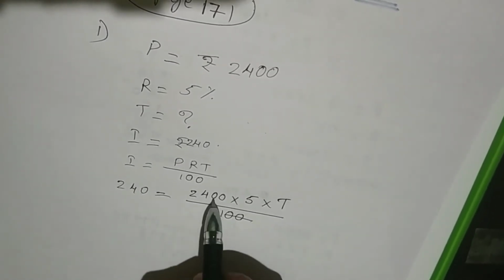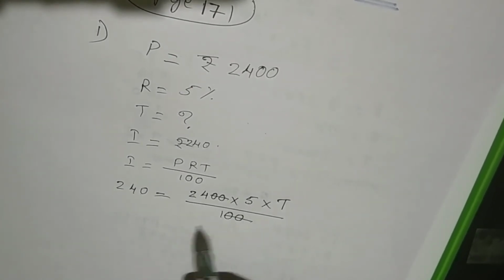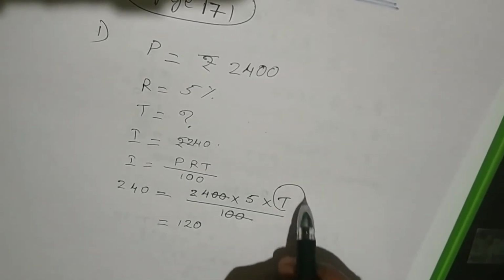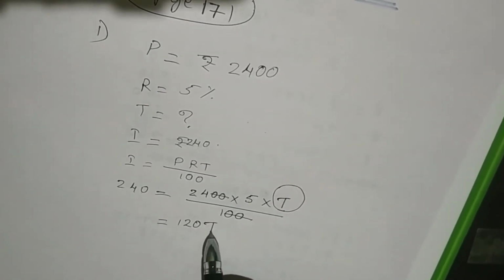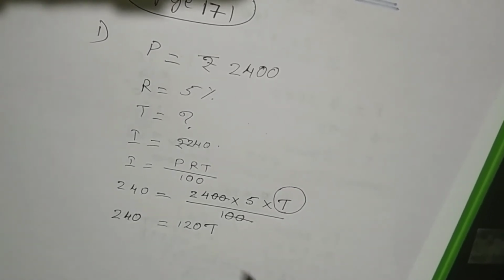These two zeros and these two zeros cancel. 24 times 5, that is equal to 120. 120 times T, 120T. So 240 is equal to 120T.